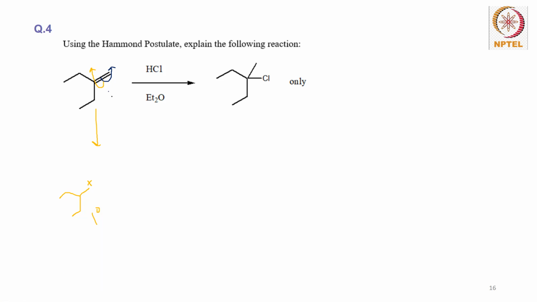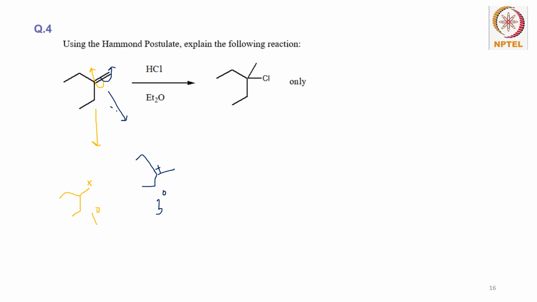Whereas in this case, the carbocation will be at this position, that is 3 degree. So which path will be favorable?